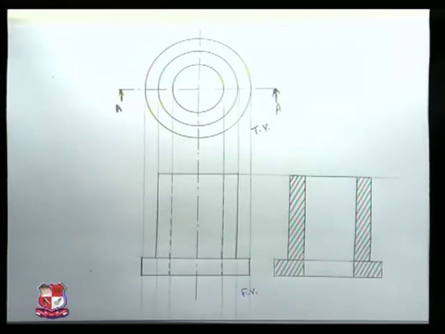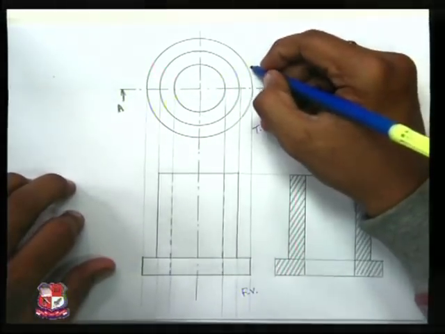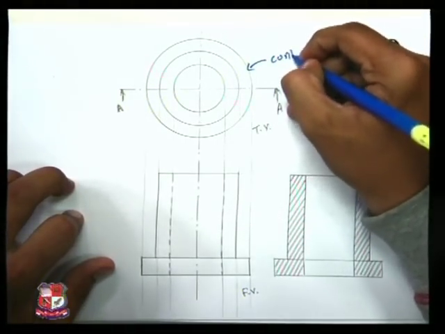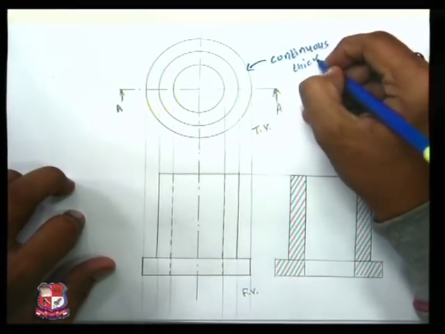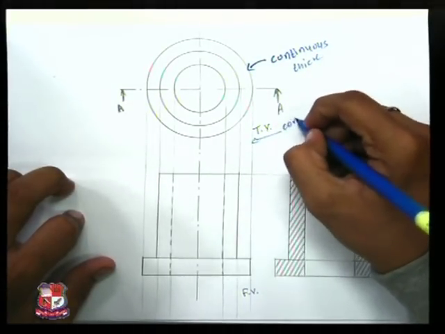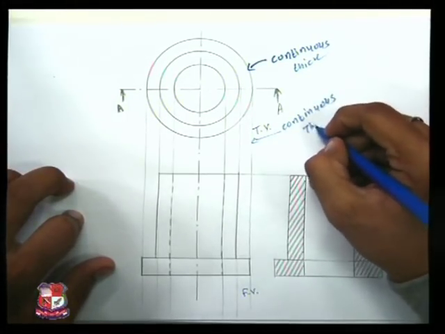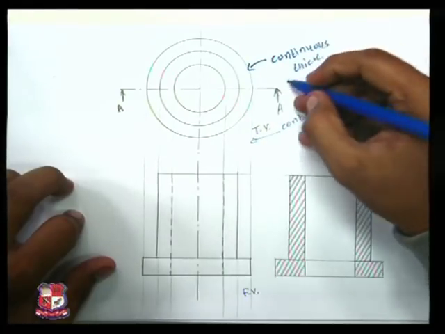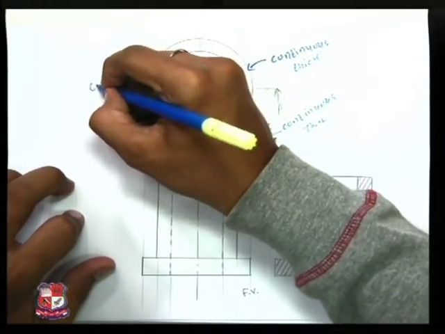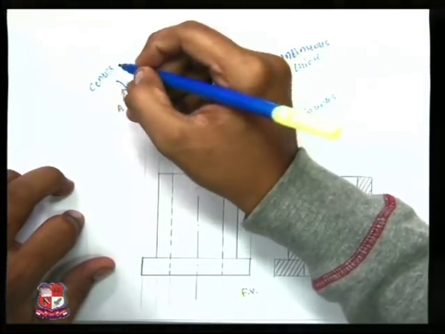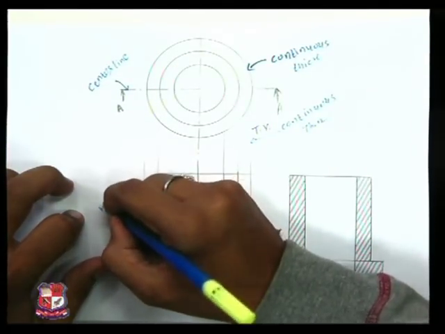Now we have seen the use of 5 lines. This is our continuous thick, this is our continuous thin line, this is our center line, this is our hidden line.